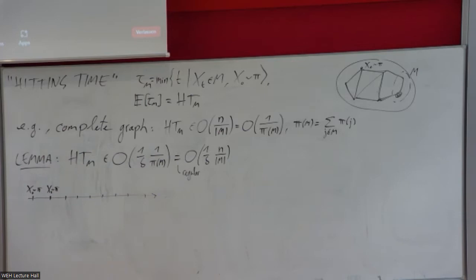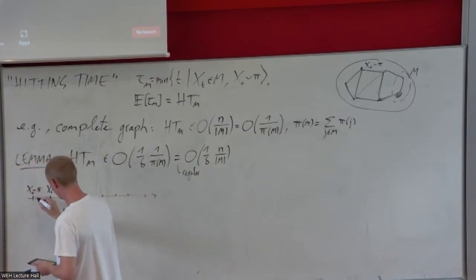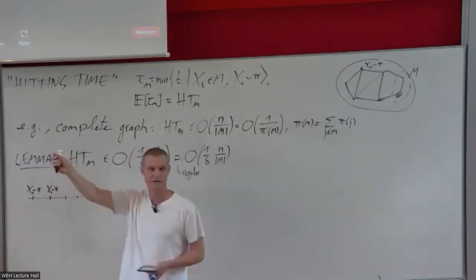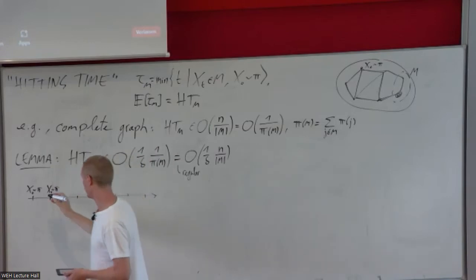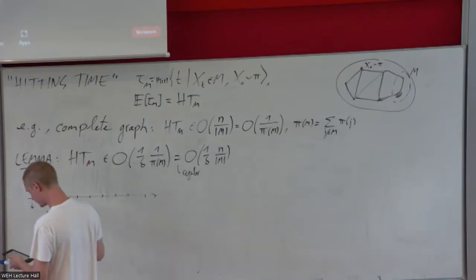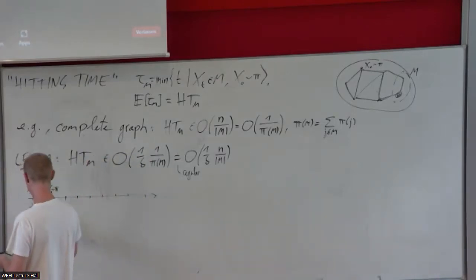So even our initial sample could already be in the marked elements, it could already be done. This will be in M with probability pi of M.